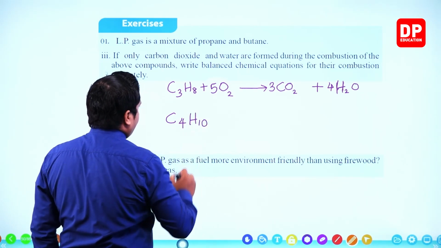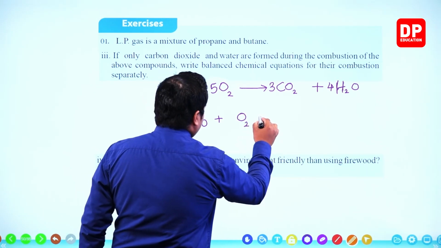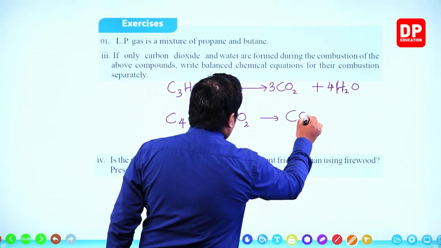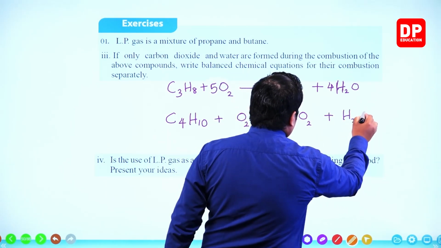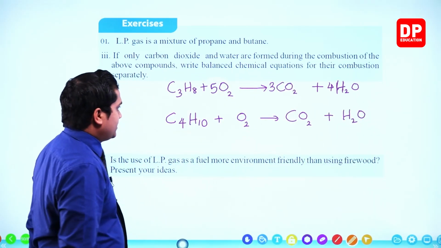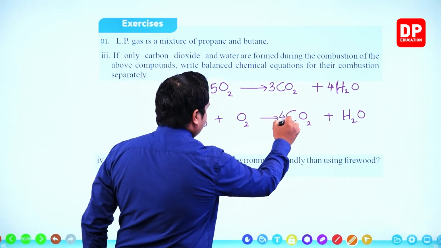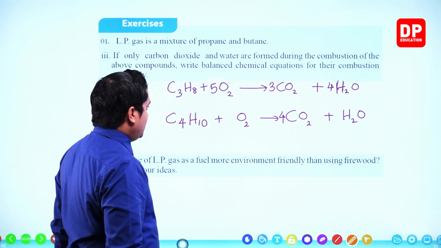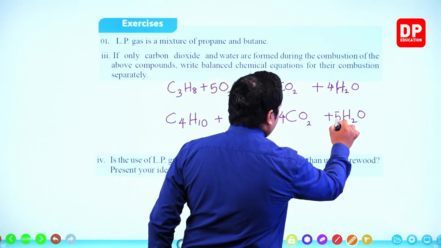C4H10 plus oxygen gas creates carbon dioxide and water vapor. So the balancing: 4 carbon, you put 4 here. Now 10 hydrogen, then you put 5 here.